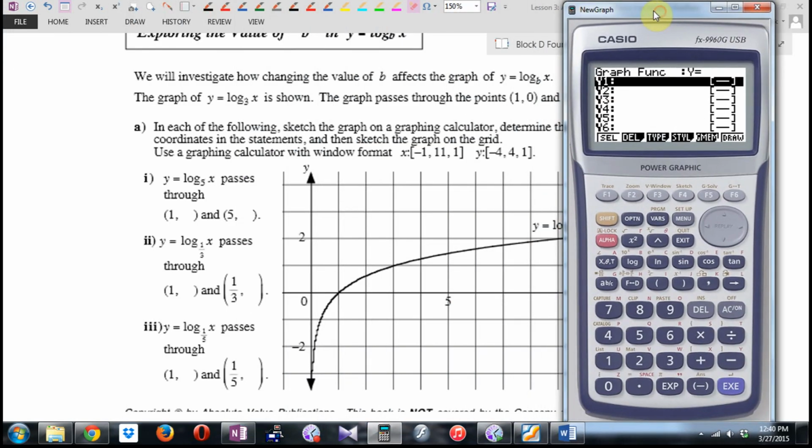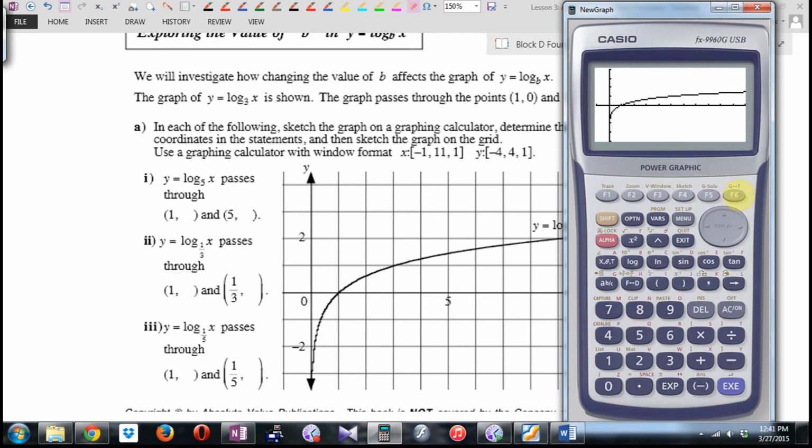The first one they want me to graph is y equals log base 5 of x. How am I going to type that? Log x divided by log 5. Then hit draw. What I now want to do is find some specific points.